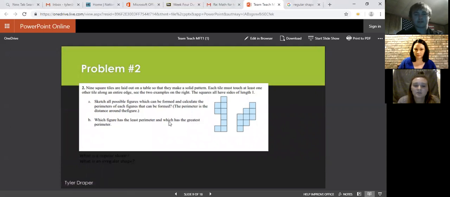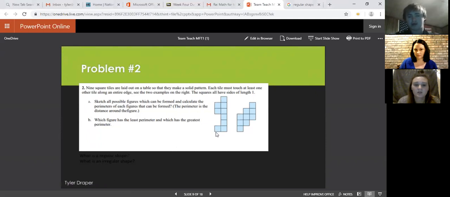All right, and this is my first question. Tyler, what is a regular shape and what is an irregular shape? A regular shape has the exact same distance and angle on all parts of the shape. If we look at this problem here, it's asking us to sketch all the possible figures, which is 2A.